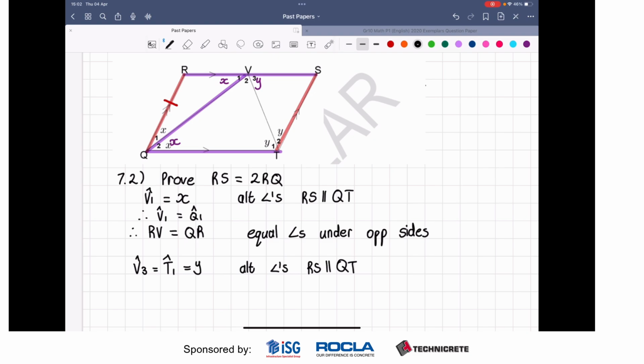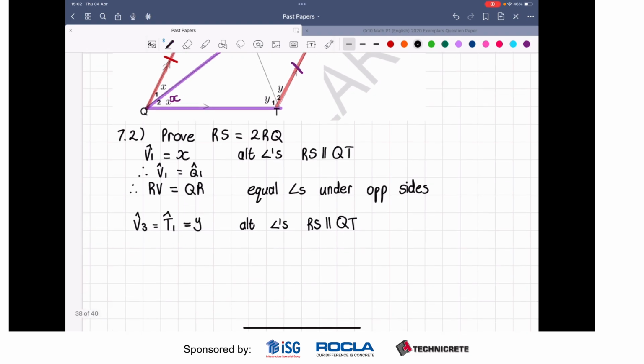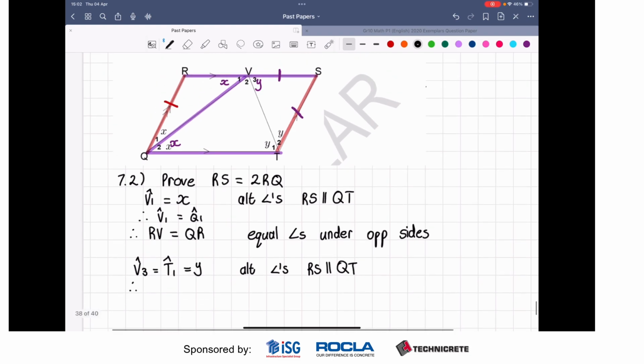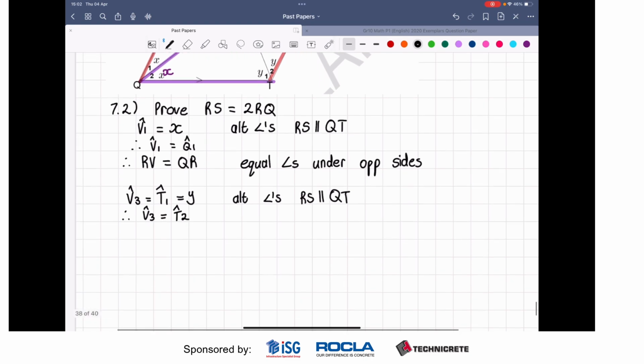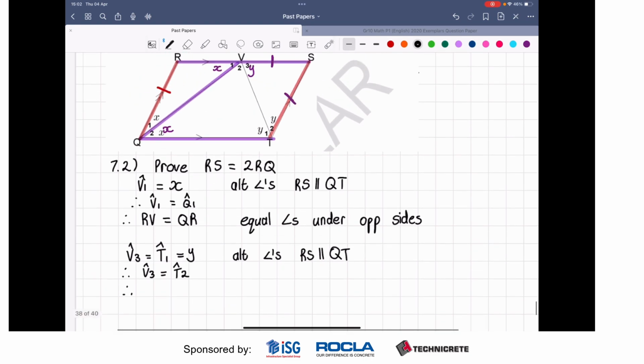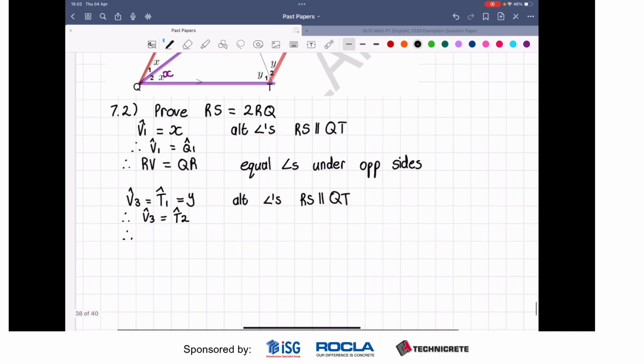I can conclude that this line is equal to this line because of equal angles under opposite sides. So therefore, first I'm going to say that V3 is equal to T2. And then I can say that ST is equal to SV.